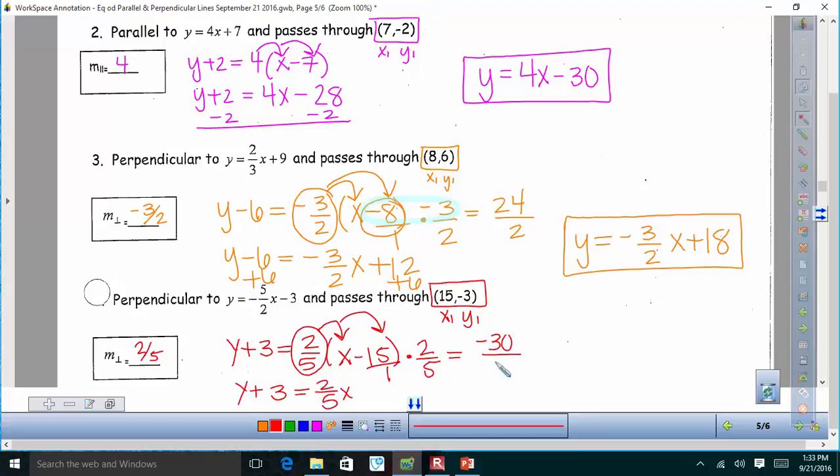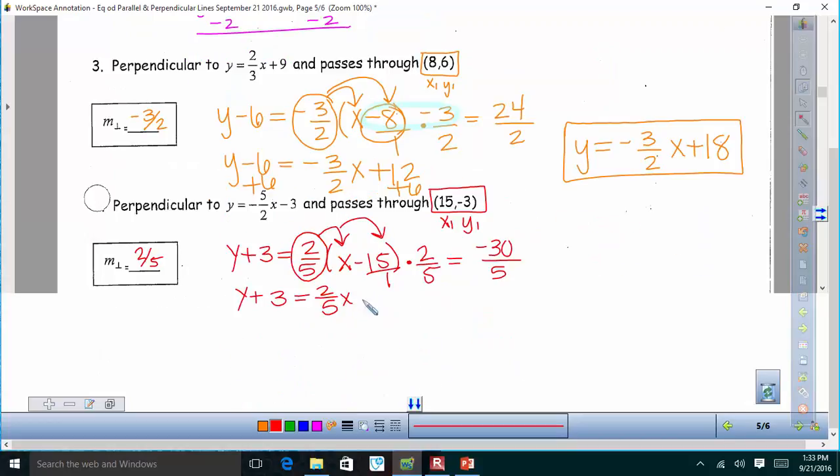And then 1 times 5 gives me 5. So that would give me a -6. Okay, and then how do we get y by itself? Subtract 3 from both sides. So my final answer would be y equals 2/5 x minus 9.